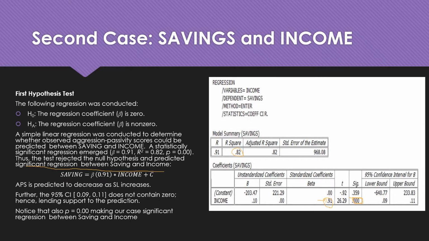The 95% CI is between 0.09 and 0.11. That doesn't contain 0, so it supports our alternative. Also, the p-value is 0, meaning this is a significant regression between saving and income.